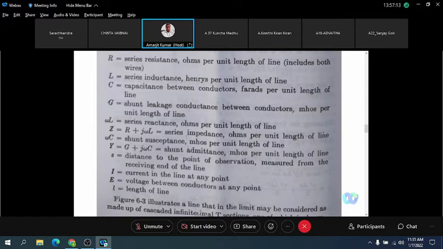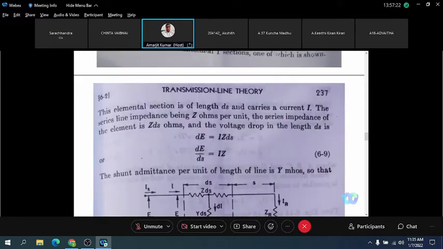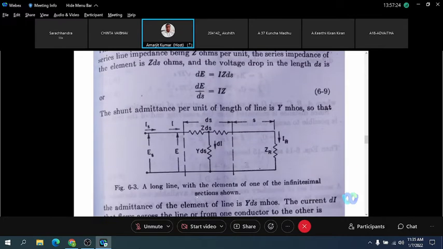If we consider an infinitesimally small section of the transmission line, like here, the infinitesimal length is considered ds. For this infinitesimally small section, what is the current and voltage?